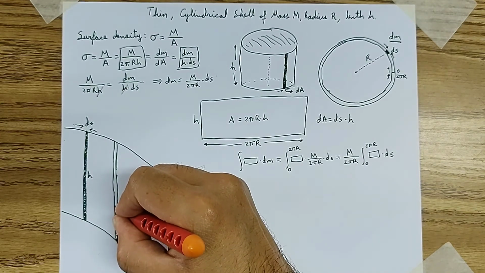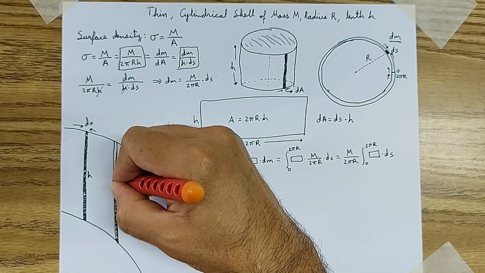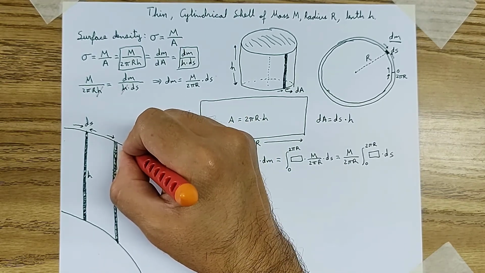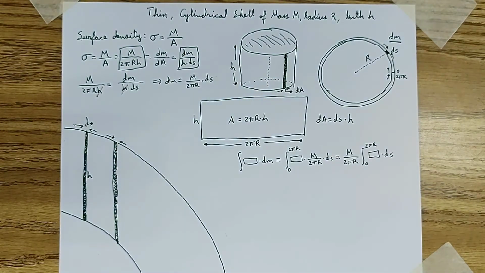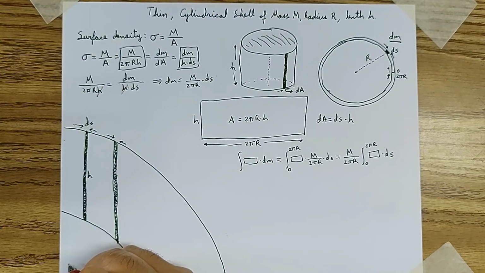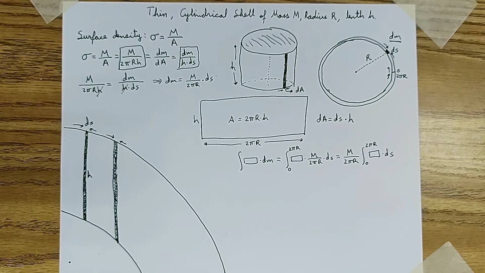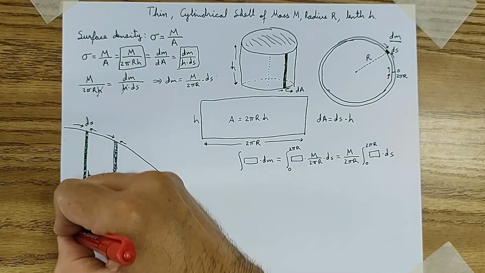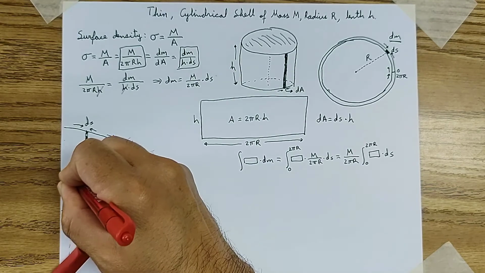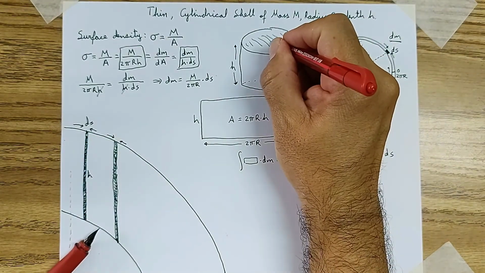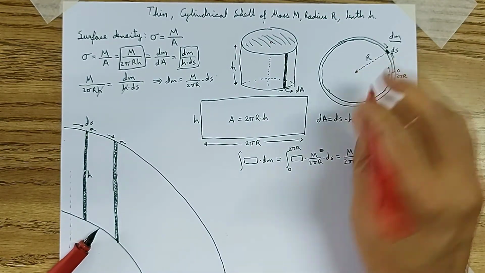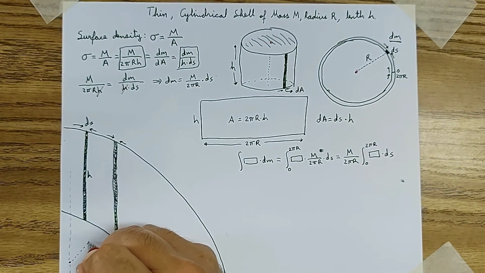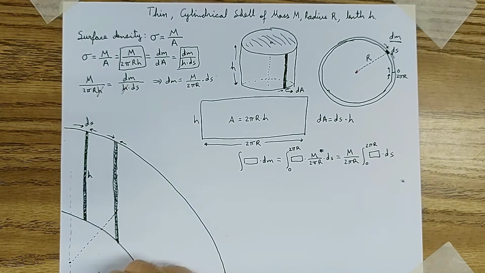Remember that you're talking about this mass differential as a very long, very thin rectangle of base ds. Now, if you think about a point on the axis of the circular shape, say that this is the axis over here, then this distance will be the radius of the circle.